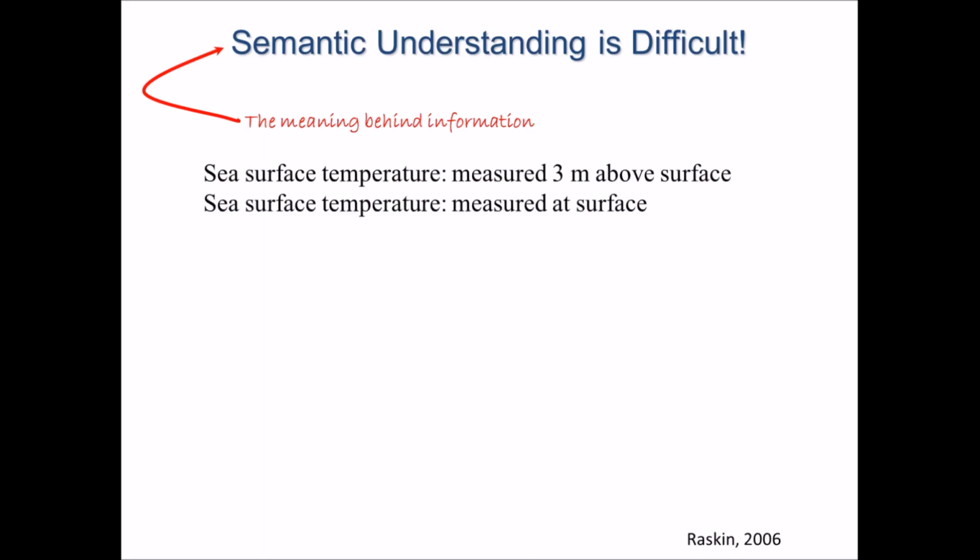Unfortunately, that's quite hard. This slide from Raskin, who worked on the SWEET ontologies for NASA, is very revealing in this regard. Understanding the semantics of something, the meaning behind it, the knowledge that qualifies it, is difficult. If it's a variable, it can be parsed in very different ways. What is the surface to people, or what is above the surface, can vary between groups.